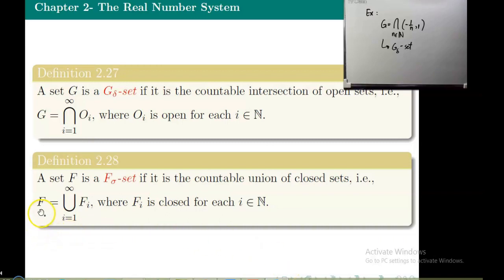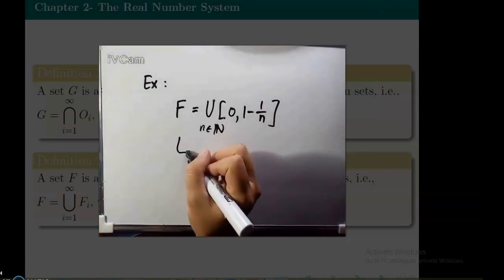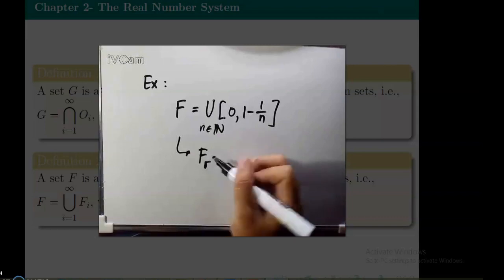So if we can write F in this form, where F sub i is closed for each i in the set of natural numbers, then we can say that this set is an F sigma set. For example, if the set F can be written as a countable union of closed sets, we can say that F is an F sigma set.